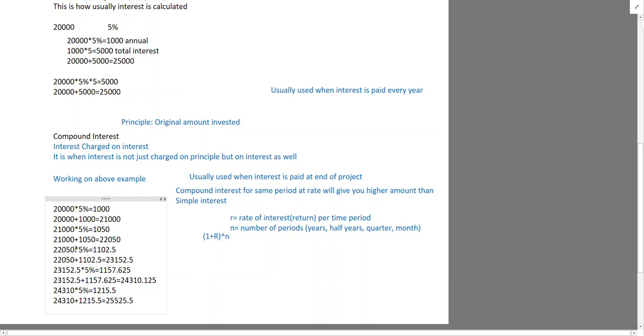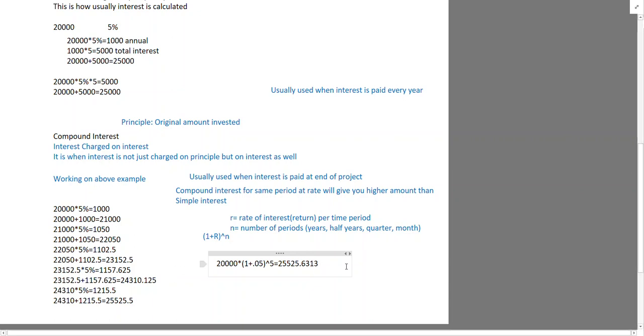You can do this calculation in another way as well. You could take 20,000 multiplied by, sorry, 1 plus 0.05, the interest percentage, to the power of 5 years.